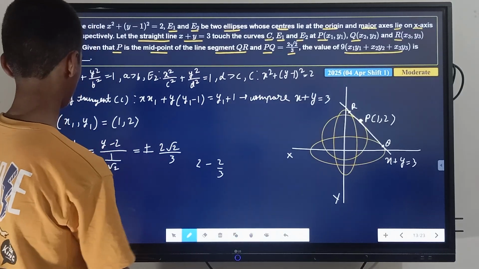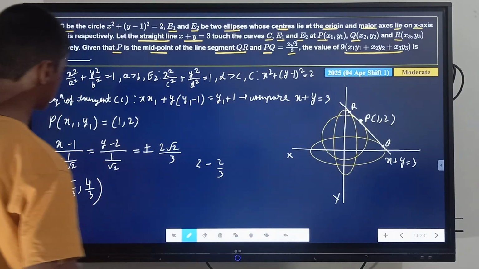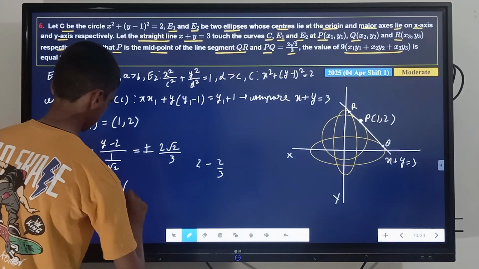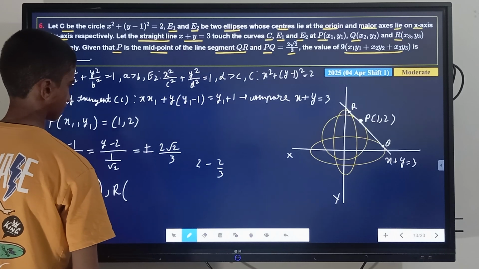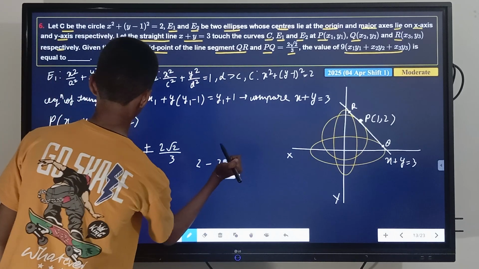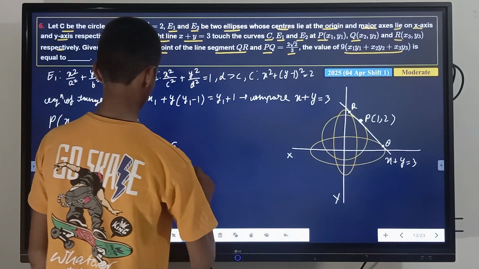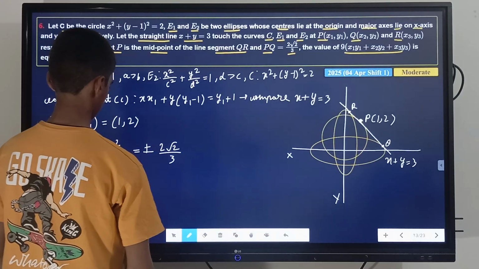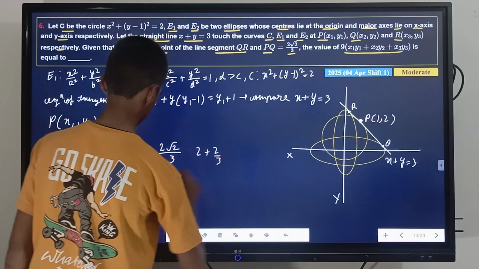So Q is 5 by 3 comma 4 by 3, and our R will be with the plus sign: 1 minus 2 by 3, 1 by 3, comma 2 plus 2 by 3, 8 by 3.